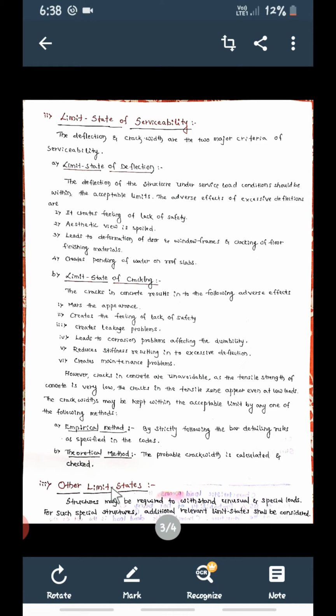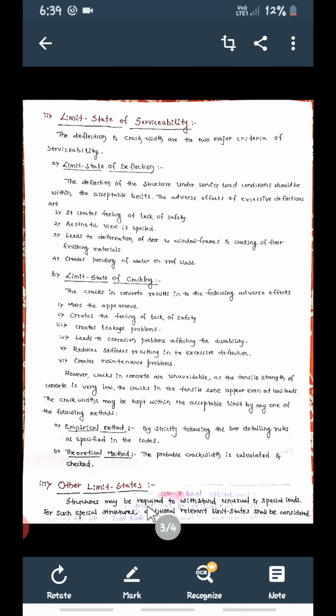During the design we consider some loads, but when the structure is put into use, some additional loads will be observed that were not considered in the design. Such loads are called special loads.